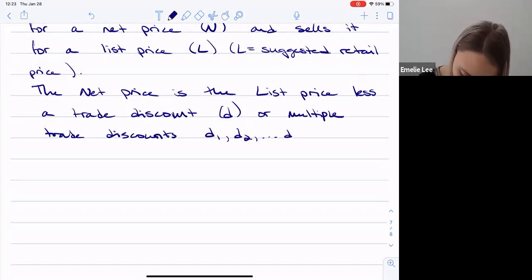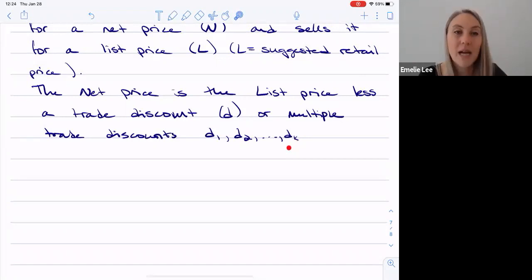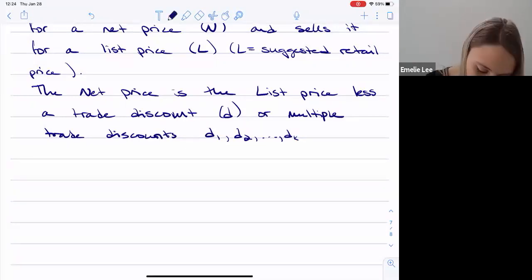I'm going to use K for now. Usually I do a little script K here, but it's not showing up. Okay. So allowing for K discounts.